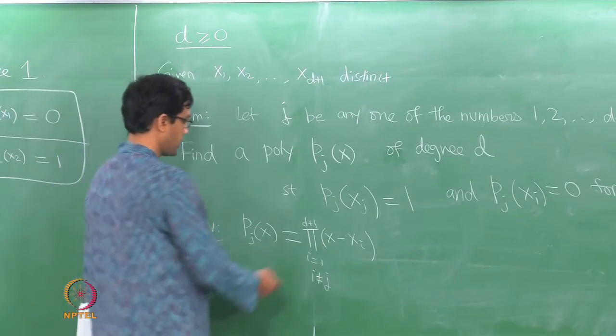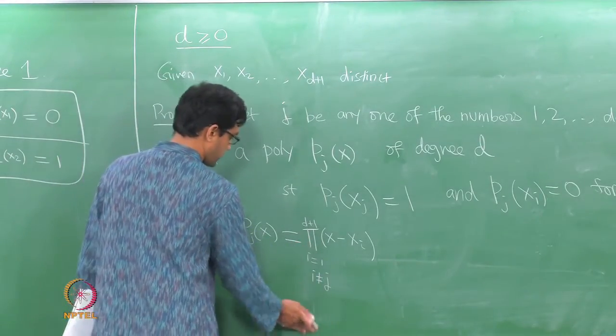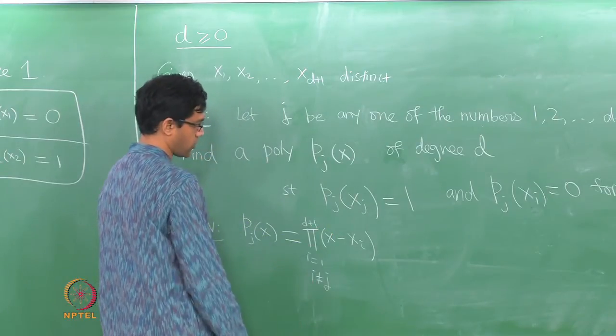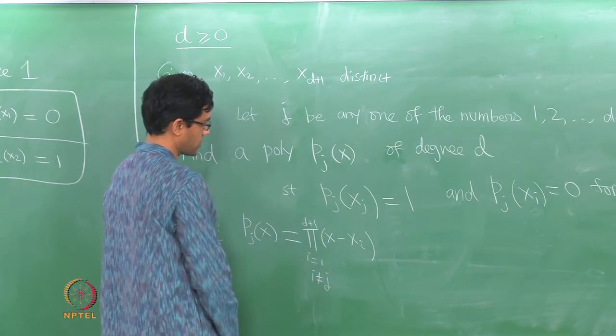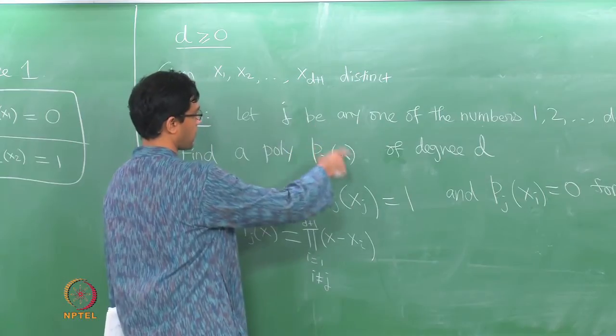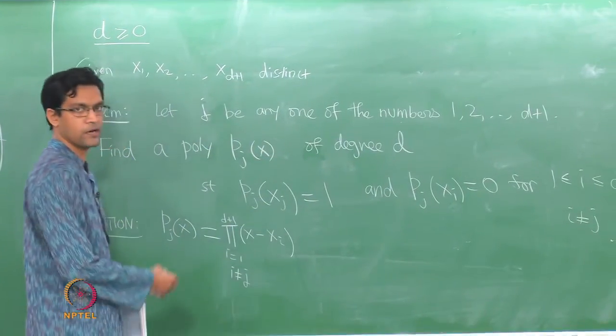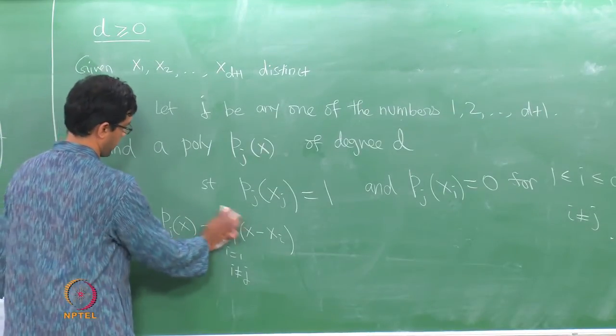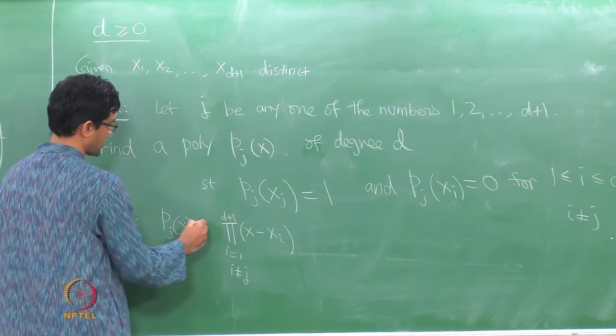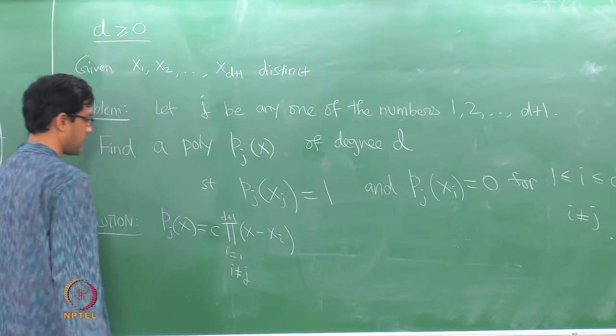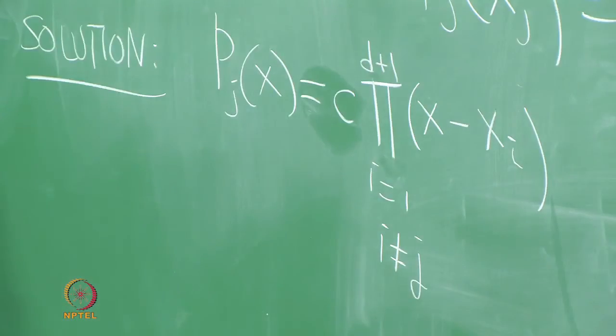Okay. And notice that this is already of degree d, right. So this is already a degree d polynomial because it has exactly d factors, and what I wanted is a polynomial of exactly degree d. So I can't really have any more factors here. What I could have is some constant in front. Okay. So let us say pj of x might look like some constant times the product of x minus xi.